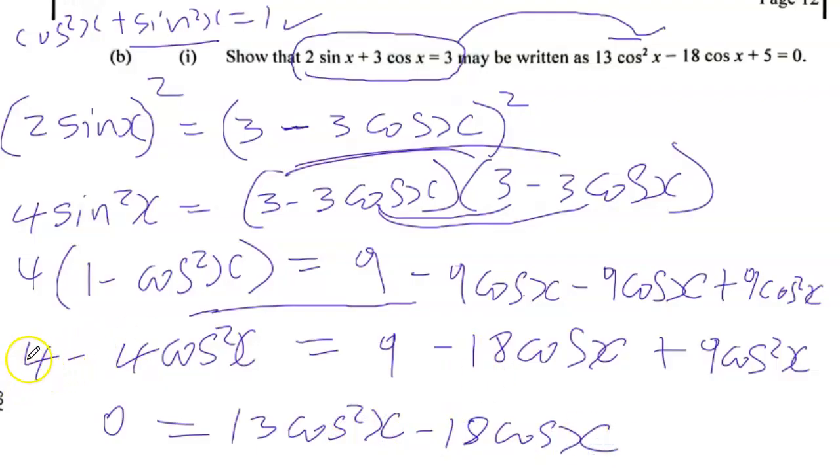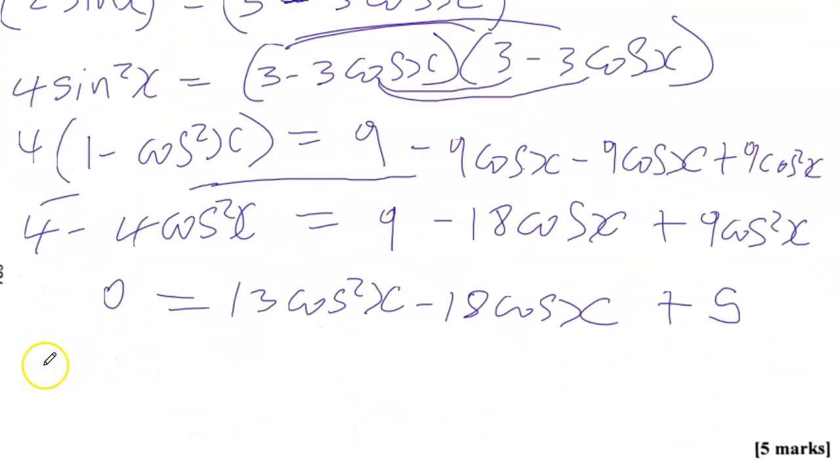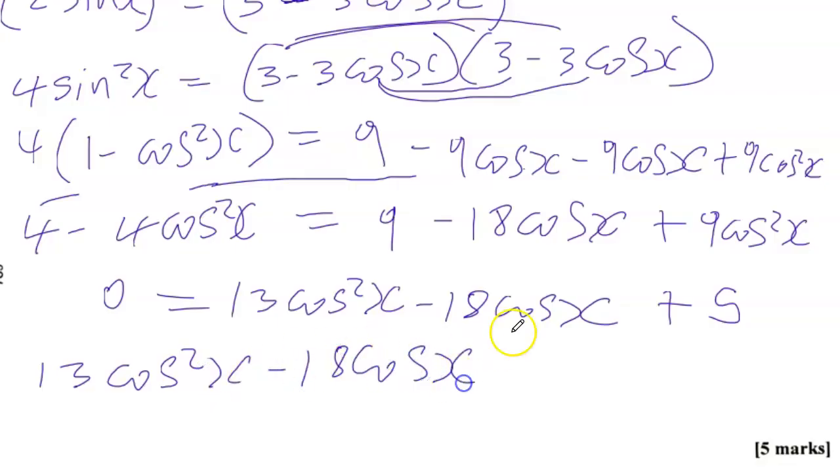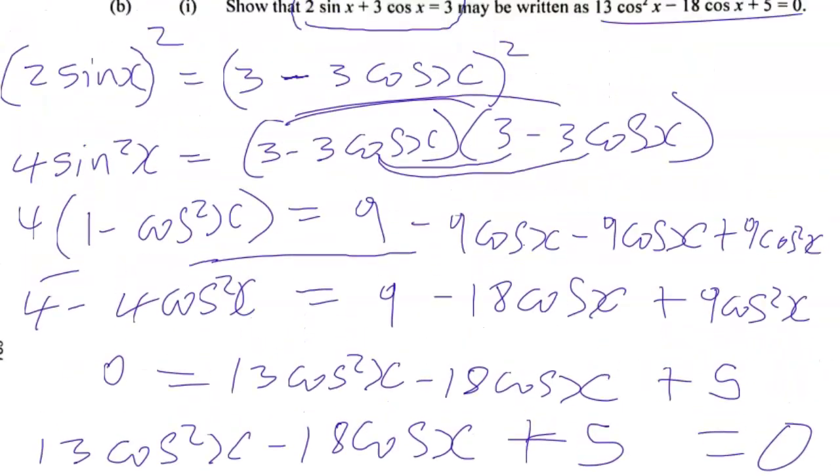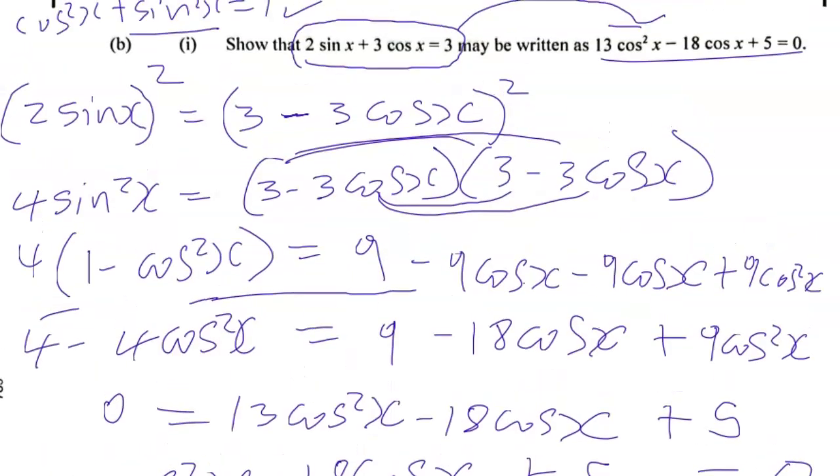And then group the constants on the right hand side. We're now with 4 minus 9, that's positive 5. And to let it look like what we have there, we can just turn it around. So we're now with 13 cos²x minus 18 cos x plus 5 equals 0. And that's the proof.